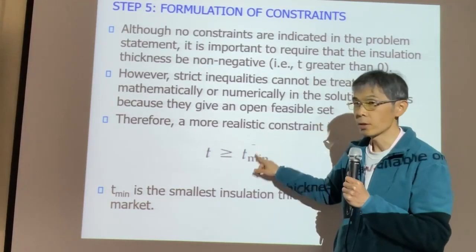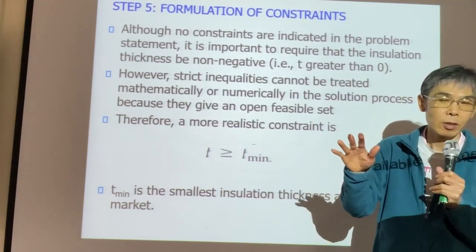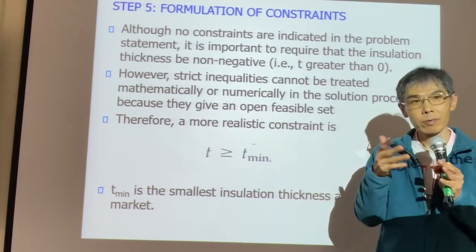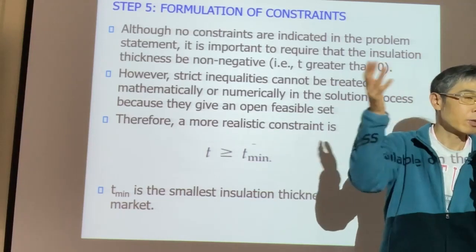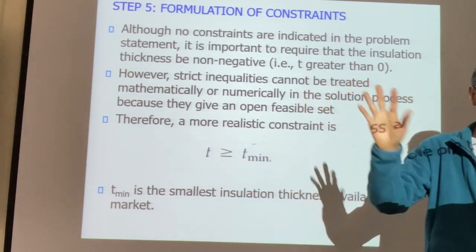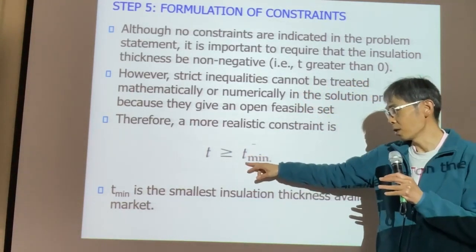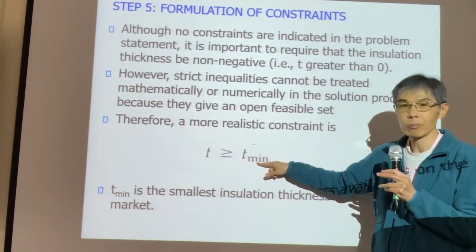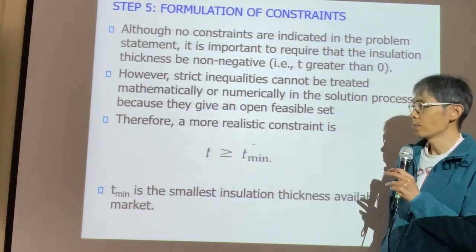If this is 0, numerically, it will have problems when you use software to solve with Newton-Raphson or whatever. So it's better to use some very small number other than 0.